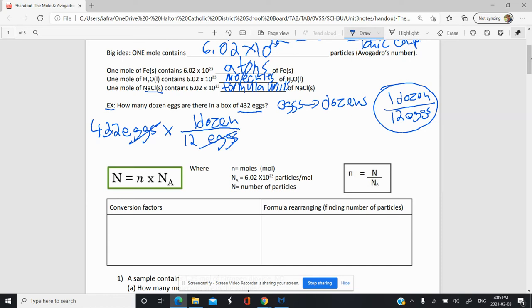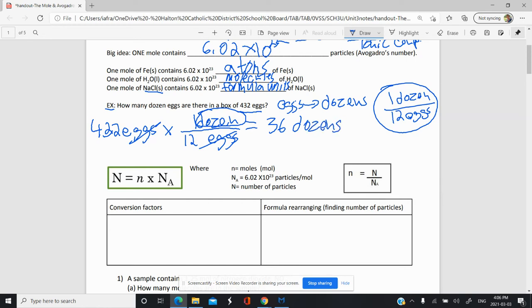So I cross out eggs, and I get 432 times 1 divided by 12. I get 36 dozens is what remains there, dozens of eggs.